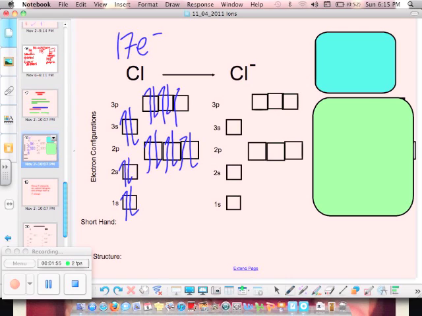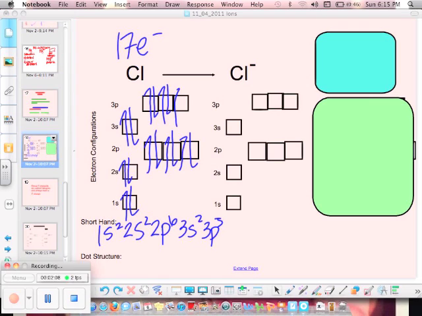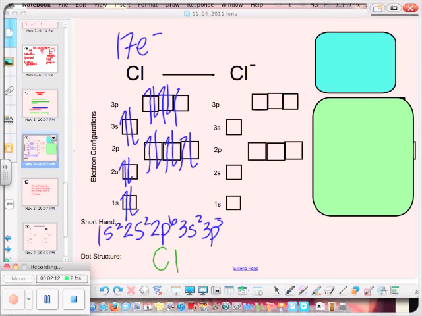Correct? Shorthand, 1s2, 2s2, 2p6, 3s2, 3p5. Correct?